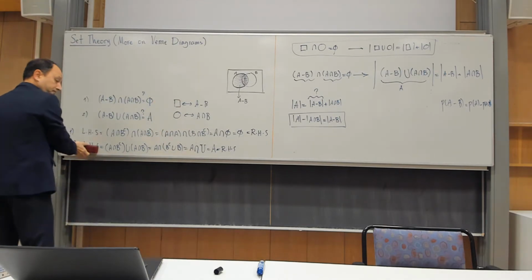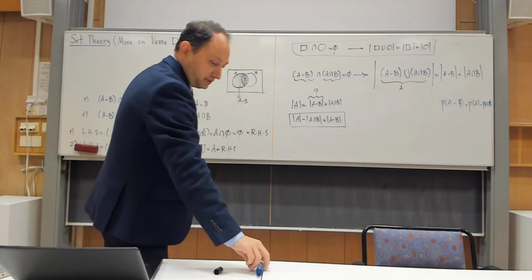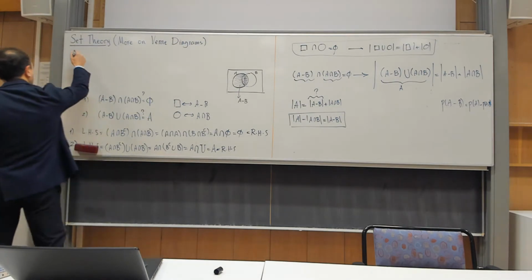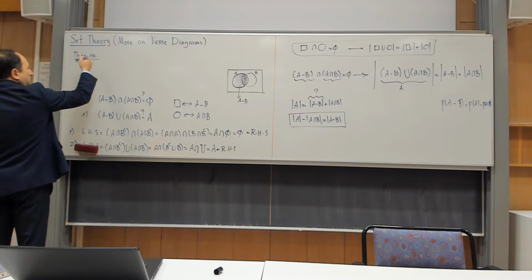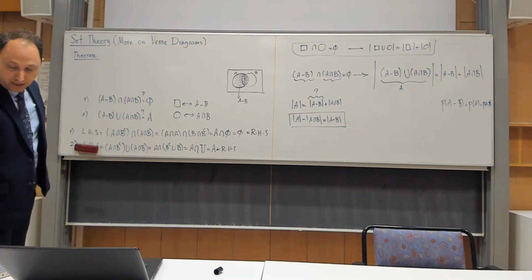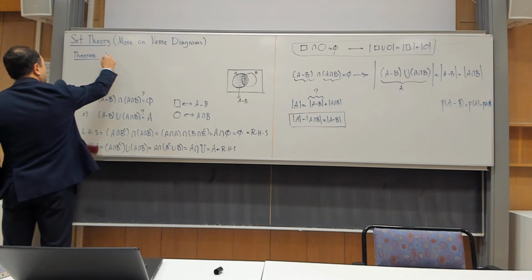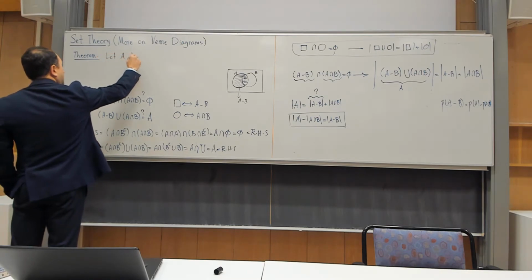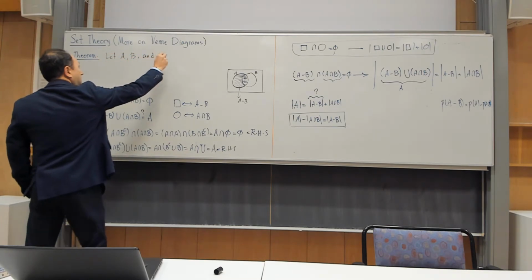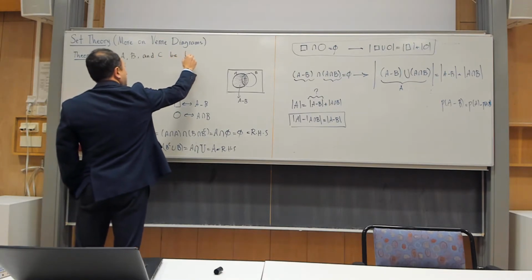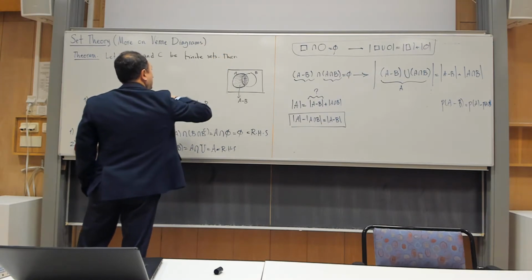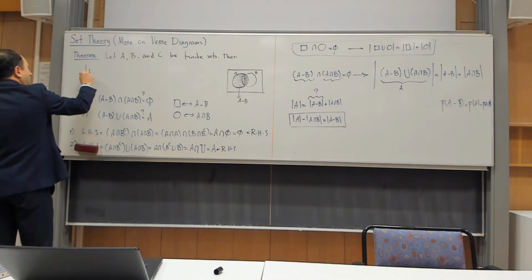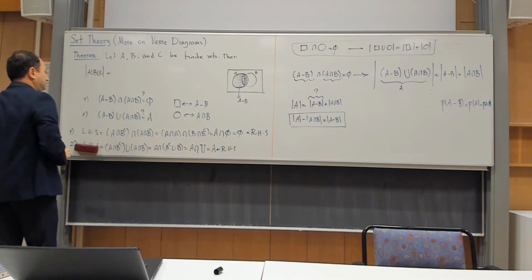So theorem, even though this is an example, but if you want to use it, you can use it freely. I don't think it is in the formula sheet, but anyway. Let A, B, and C be finite sets. Then the cardinality of A union B union C is equal to.